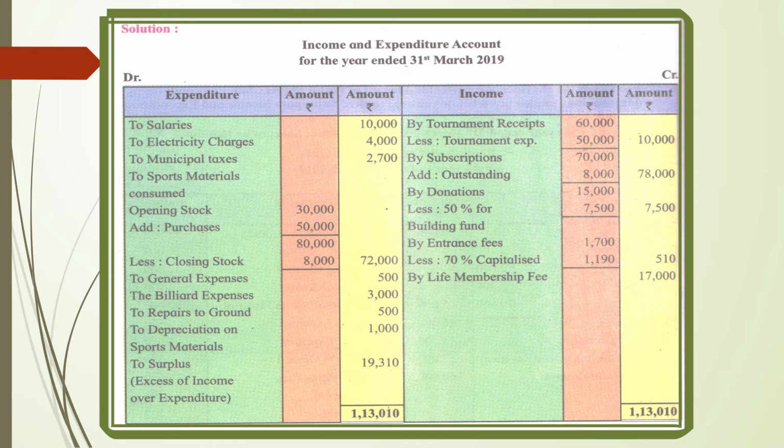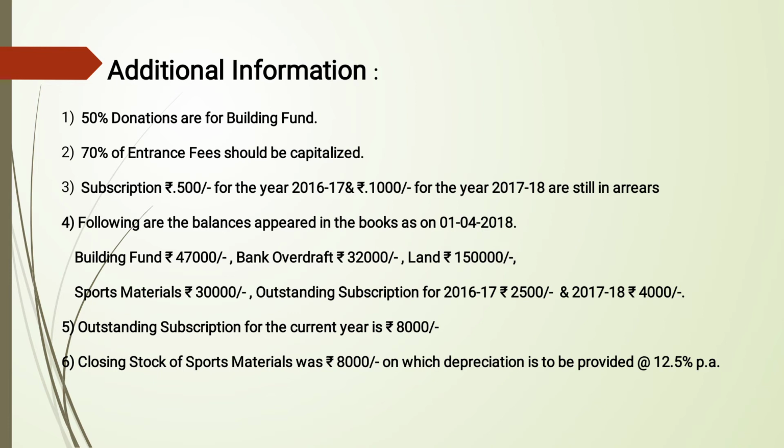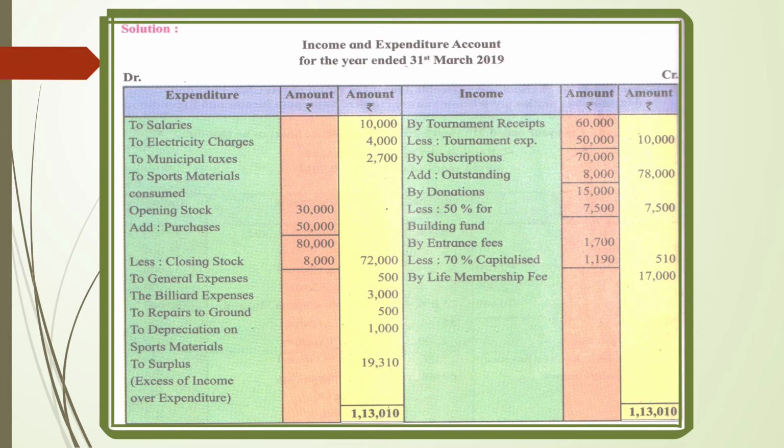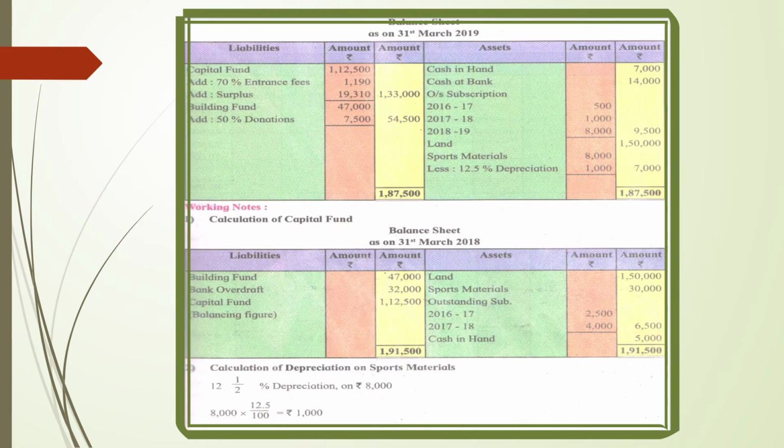See, the building fund item is mentioned in adjustment number 4, that is 47,000. So to the 47,000 you add the amount of 50% donation, that is 7,500. So the building fund total is 54,500, and the opening building fund amount of 47,000 is also mentioned in the opening balance sheet, liability side.